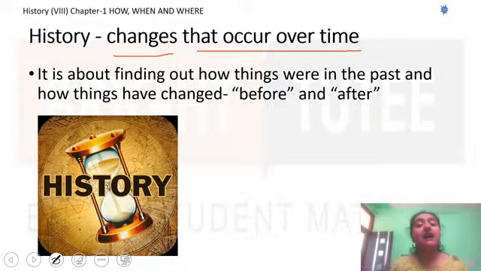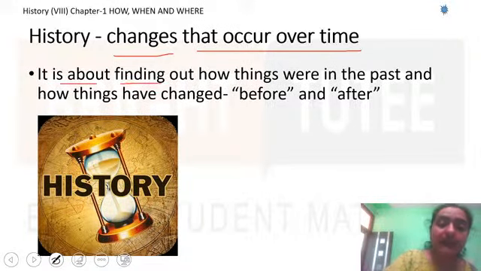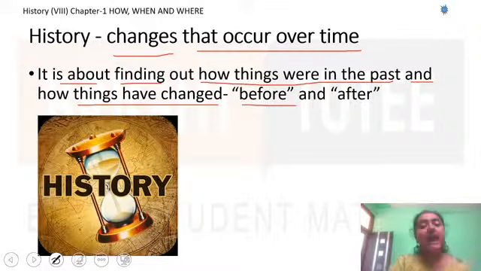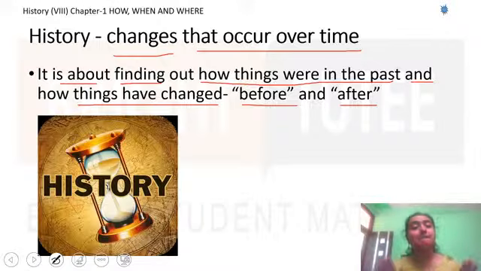Yes, students. It is about finding out how things were in the past and how things have changed before and after. So basically, I want to tell you that history is not about a particular date or a particular event, but it is a gradual process that evolves over a long period of time.